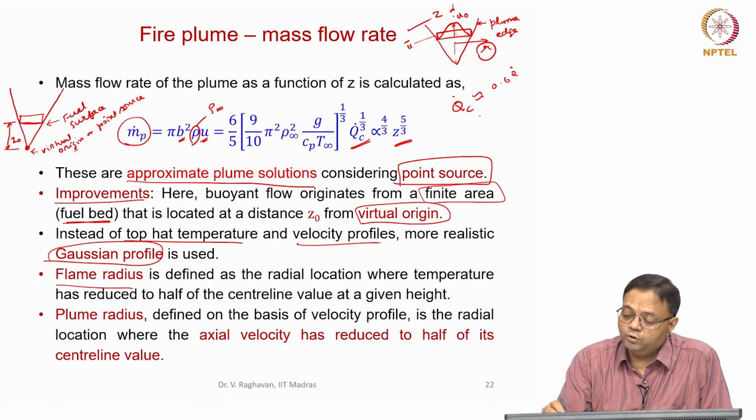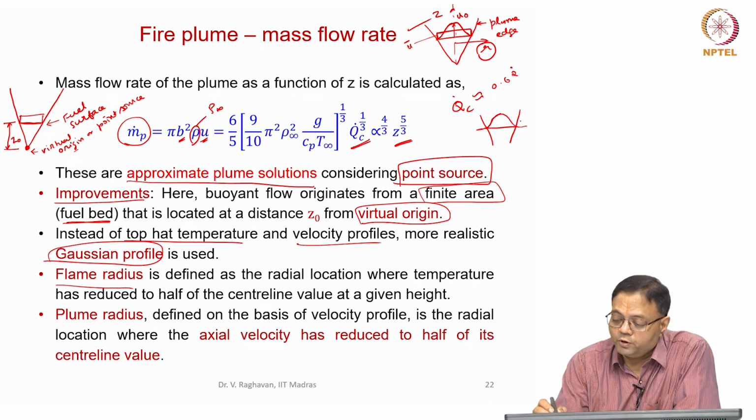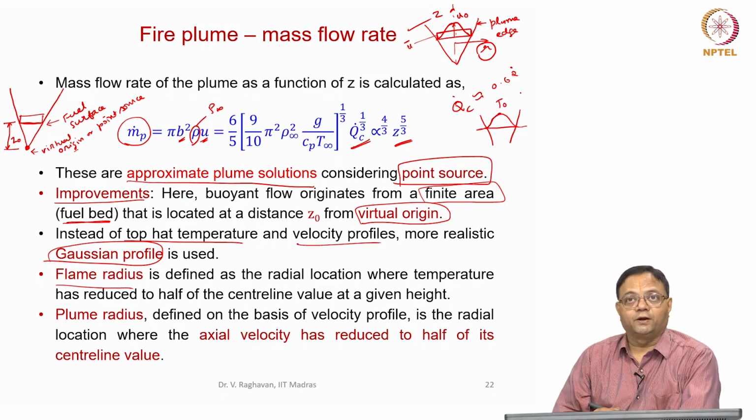So, again I consider a plume at a given height. I draw the temperature profile, the plume basically. So, here the temperature reaches the ambient temperature like this. Similarly, in this direction also. Okay, now this is T naught, which is the maximum temperature.